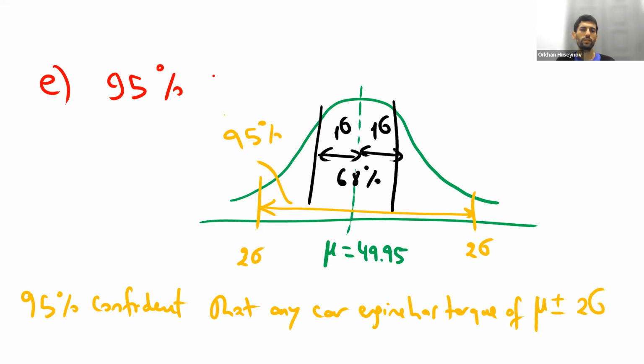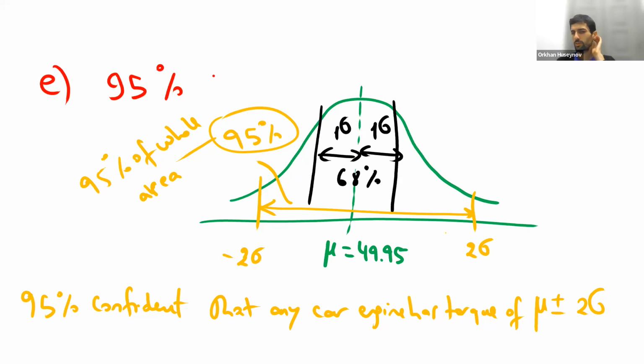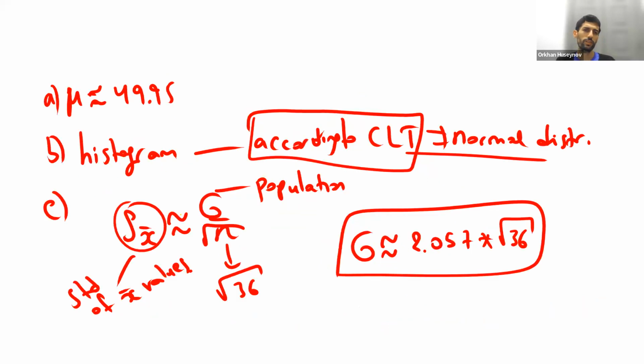So I can say this is 95% of the whole area. Okay. So if the whole area is 1 and 95% is covered in this, negative 2 sigma to positive 2 sigma. So if the question says 95% confidence, then you have to use plus or minus 2 sigma. And the sigma value is here.